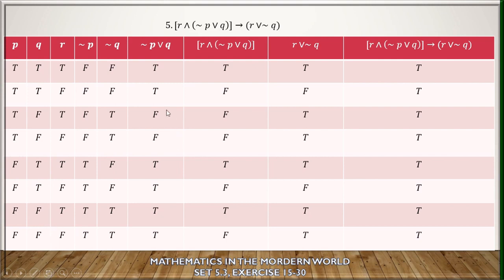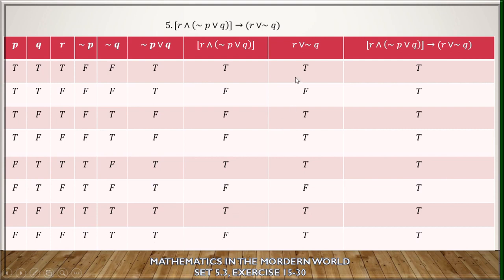For the conjunction of R and the disjunction of not P or Q: true, true is true, false, false is false, true, false is false, false, false is false, true, true is true, false, true is false, true, true is true, false, true is false.